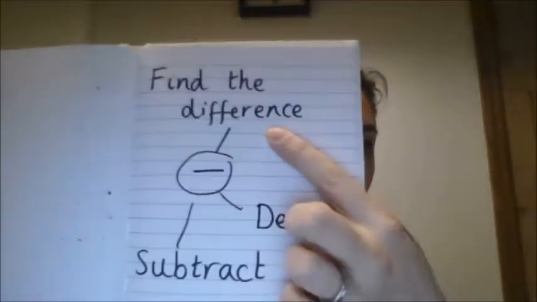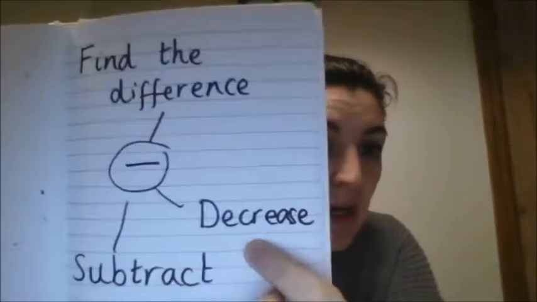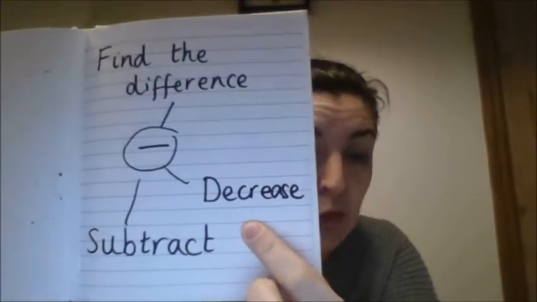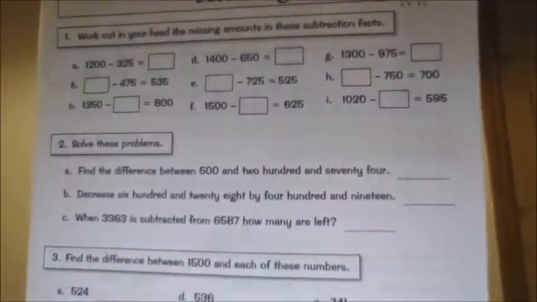Find the difference, that's still subtraction, decrease, that's subtraction, and subtract, that's subtraction. So all of these questions in section 2 are subtraction, even though there's different vocabulary. Really good tip. So I'm going to go through them.